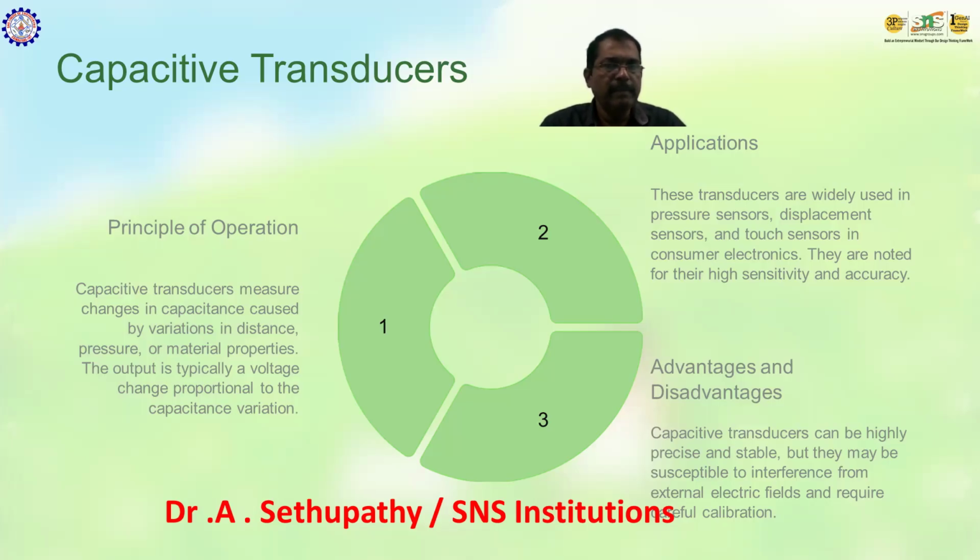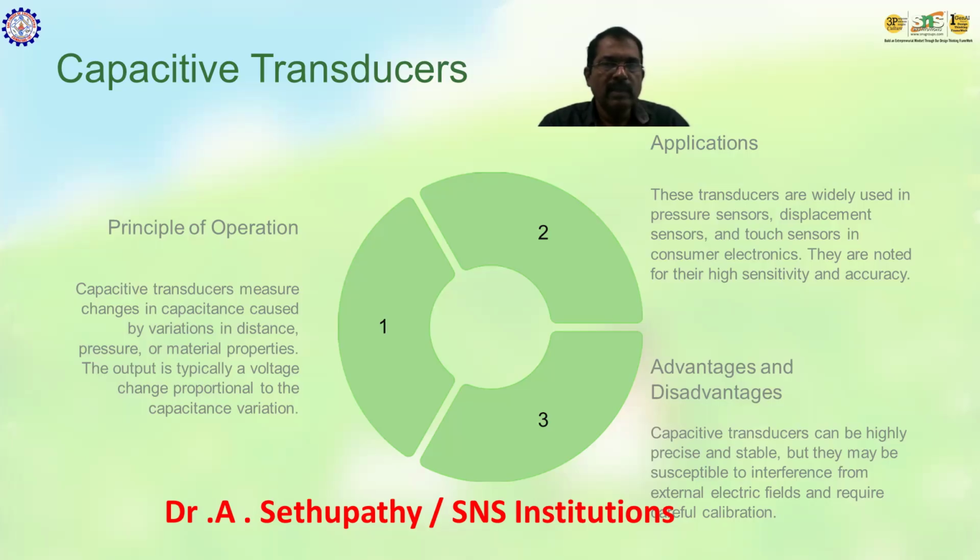Capacitive transducers are widely used in pressure sensors, displacement sensors and touch sensors. They are mostly used in electronic devices, with high sensitivity and more accuracy compared to the previous one.